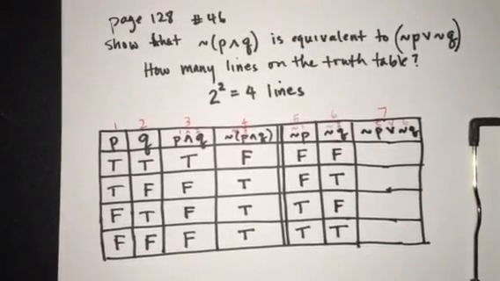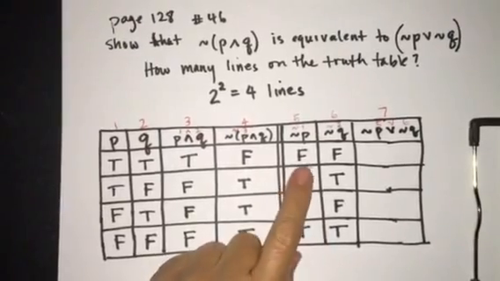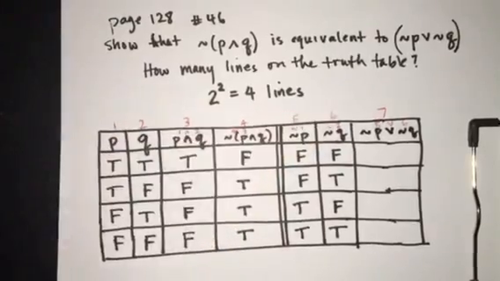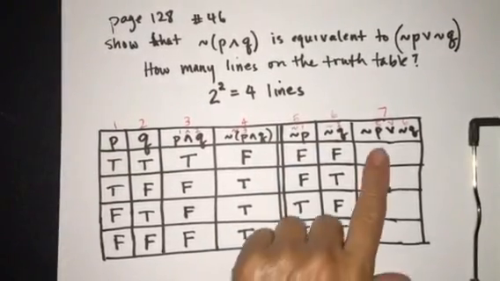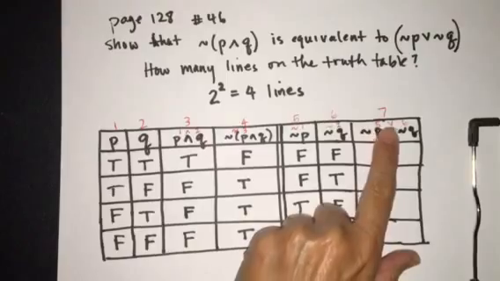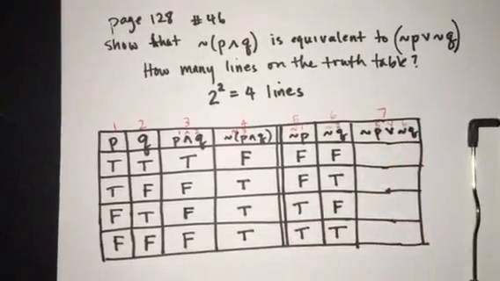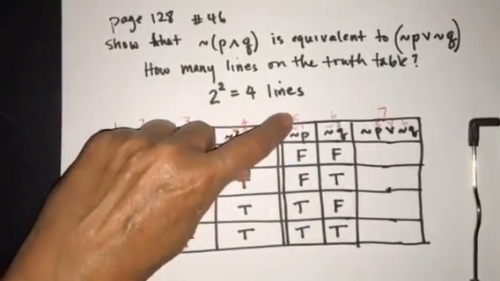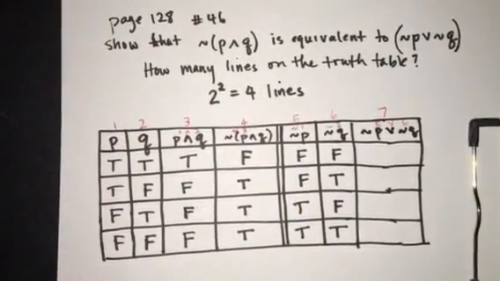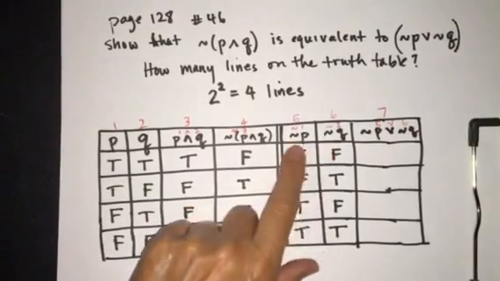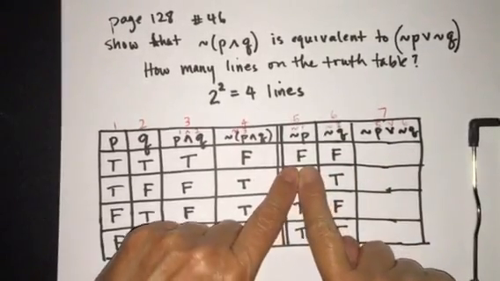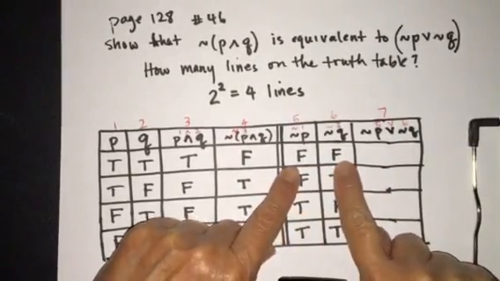In terms of the statements we used in class, if column 5 is we will go to Blue Bayou, and column 6 is we will go to the movies, this is we will go to Blue Bayou or we will go to the movies. Don't worry about the nots if you're using these statements. We're just looking straight at the column, because we've already built the nots into column 5 and column 6.